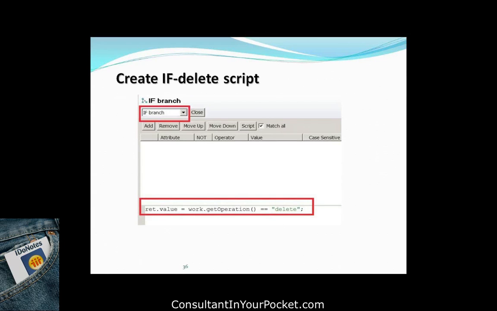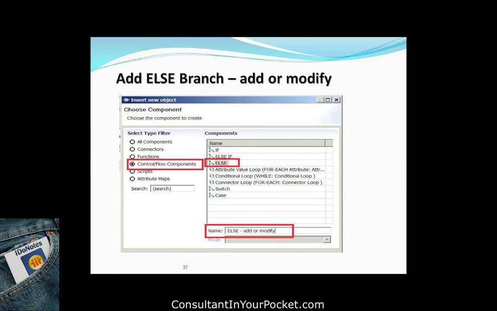So in this case, if we see that the work operation equals delete, then this is going to trigger an action: return.value equal work.get operation equal delete. Then the next thing we're going to do is add an else branch that we're going to call add or modify.